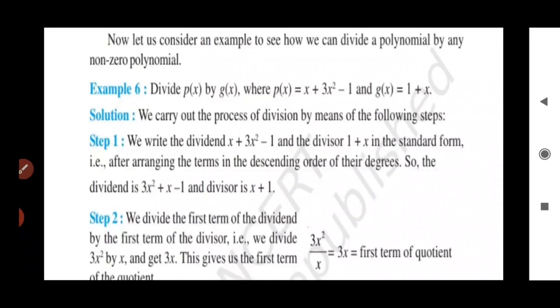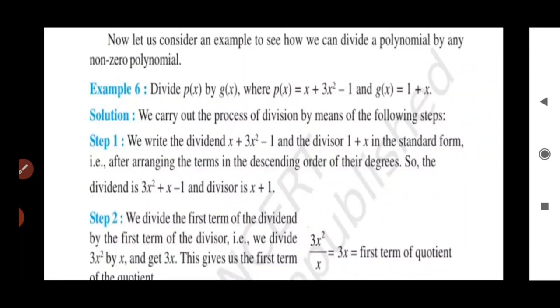Solution. We carry out the process of division by means of the following steps. Step number 1. We write the dividend x plus 3x squared minus 1 and the divisor 1 plus x in the standard form, that is, after arranging the terms in the descending order of their degrees.